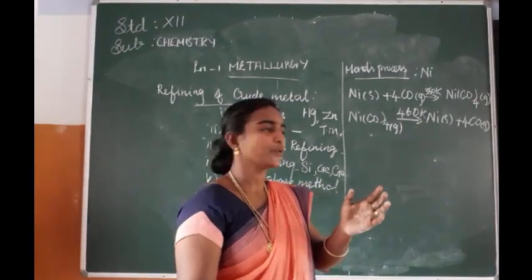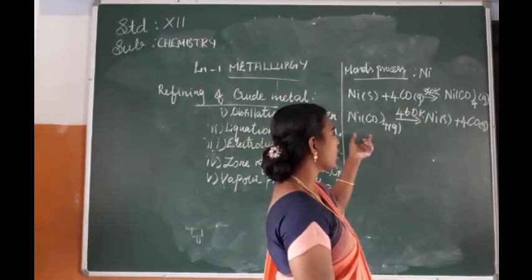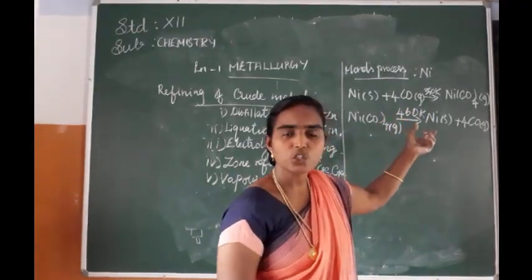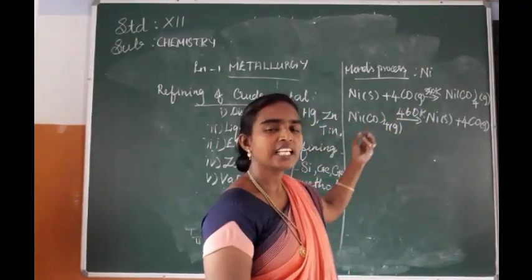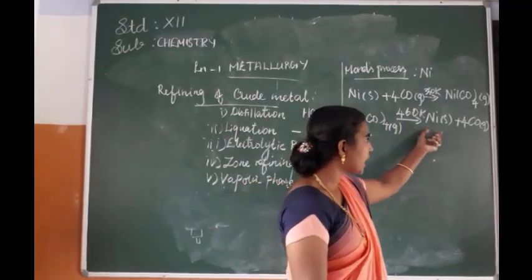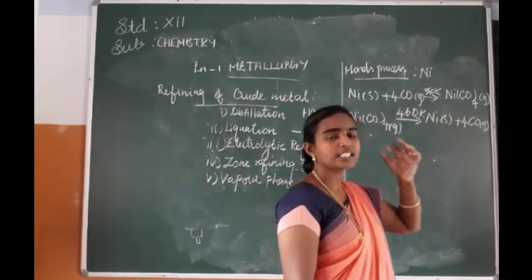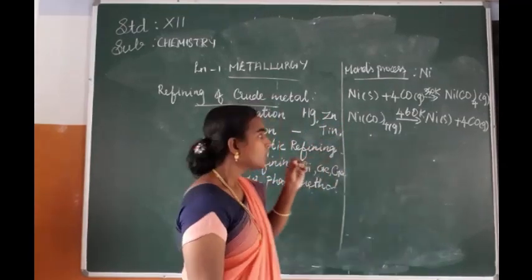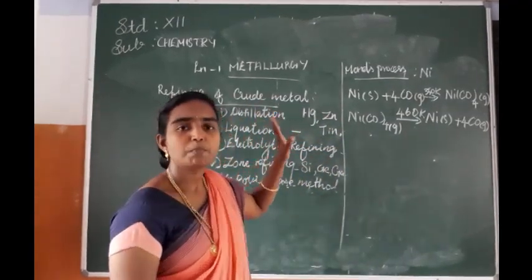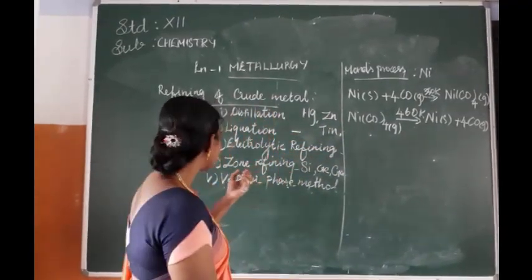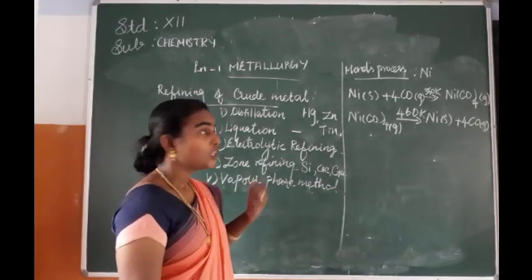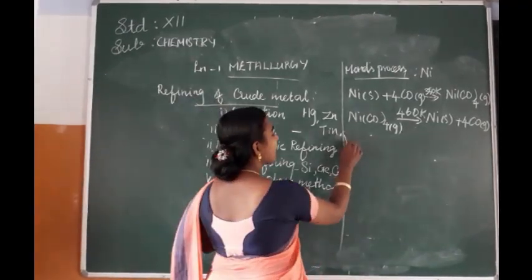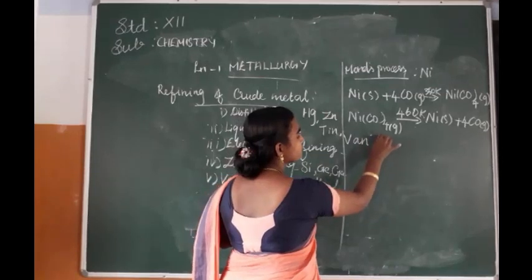After removing the impurities, this nickel tetracarbonyl will be heated at a temperature of 460 Kelvin. Then we can get the pure metal plus 4CO gas. Have you understood? So, it's clear, students, Mond's process under this vapor phase method. So, the next method is the Van Arkel method.